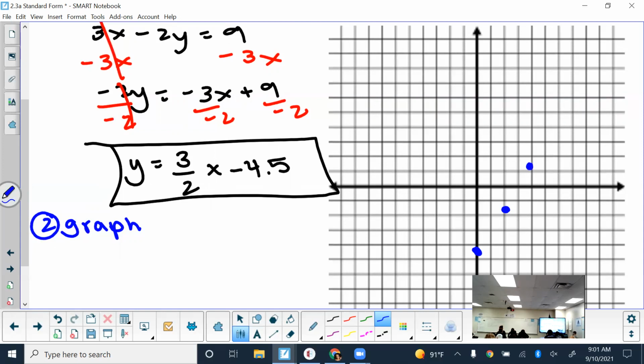And connect the dots, make your arrows. And sorry, I'm really bad at connecting the dots. All right. Any questions?